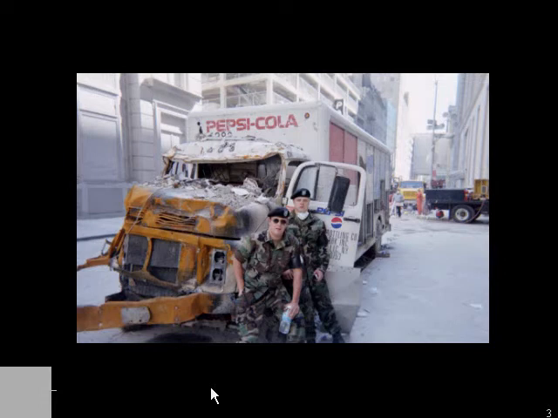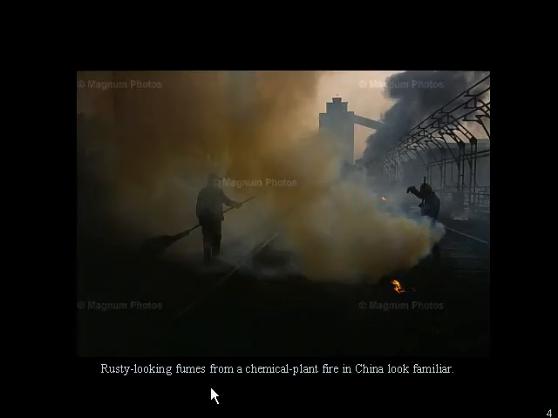Some of the places is missing paint, but it didn't rust. It's just instant rust. Office fires don't do that. It's a chemical plant fire in China. Does it look familiar? It's this little fire down here, and you get the orange.